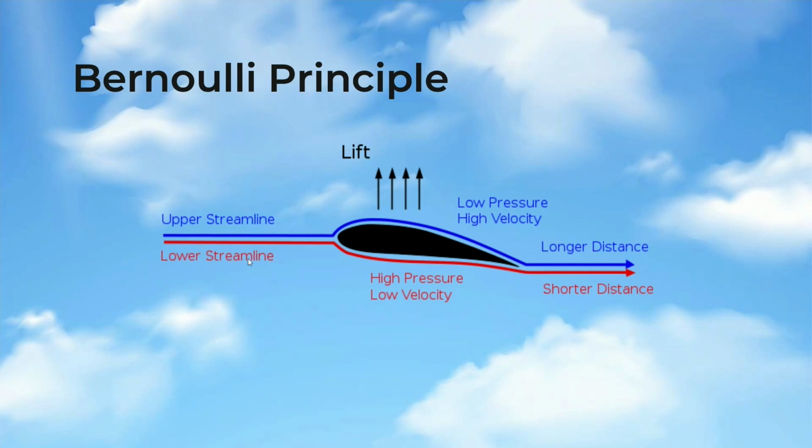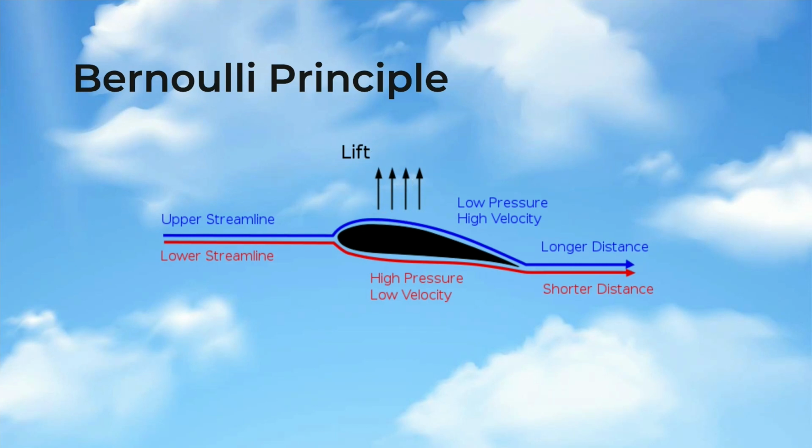The low stream on the bottom side is high pressure, low velocity with a shorter distance to travel. But because the aircraft has this airfoil shape, this teardrop shape on the top, this air gets deflected up and around and has to cover a longer distance. And because it has a longer distance, it's low pressure, high velocity, and it loses pressure above the wing.